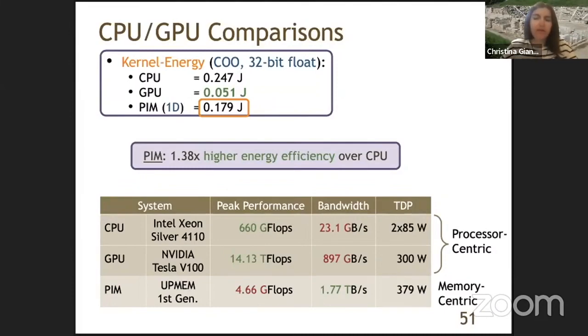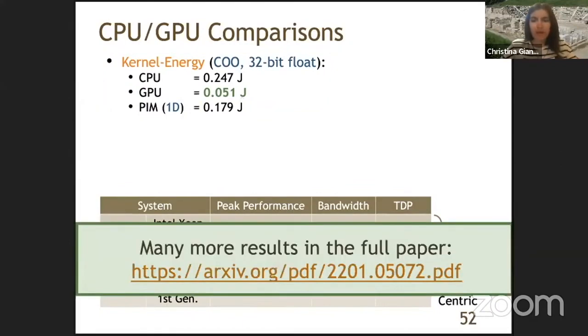For example, in the floating point data types, even though they are not supported by the PIM hardware, the SpMV execution on the PIM system provides 1.38 times less energy consumption, higher energy efficiency over the GPU system, averaged across all our matrices. So we conclude that the PIM system can potentially provide high energy efficiency on the sparse kernel. So please refer to our full archive paper for many more results, key insights, and key takeaways.